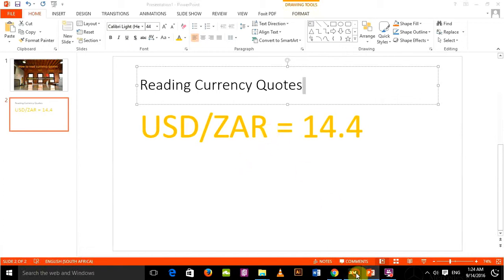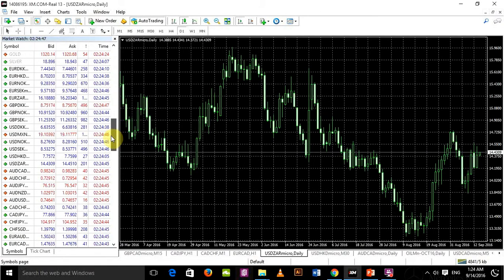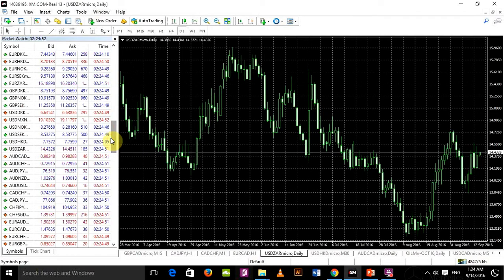Let us look at a forex chart here. If you've gone through our beginner lessons, you should know by now that currencies come in pairs. Number two, there are essentially three groups of currencies.